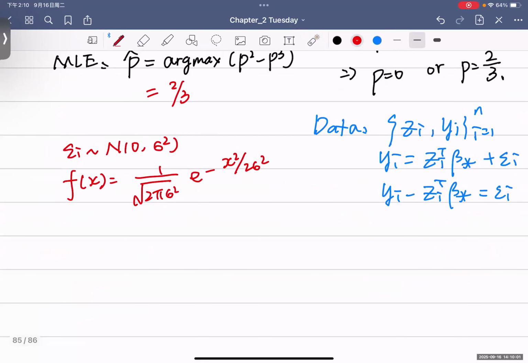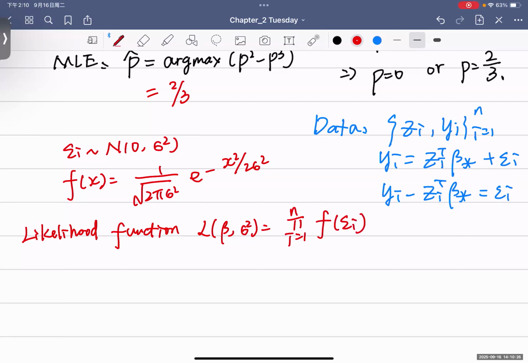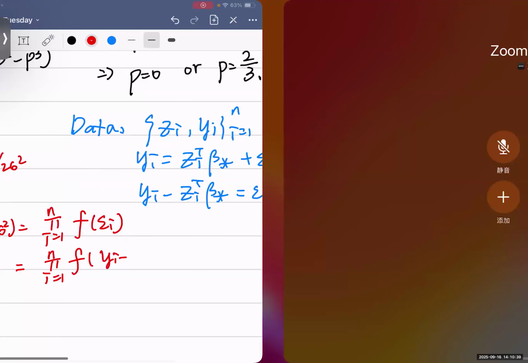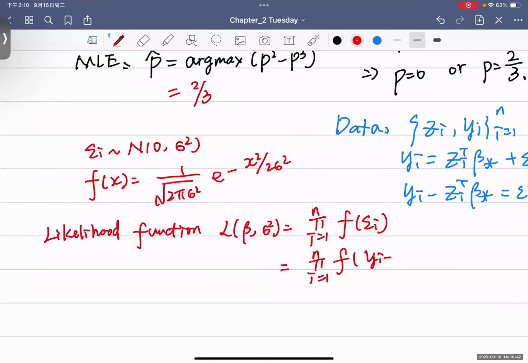So therefore, at this moment, our likelihood function, usually we use L of beta. Actually, sigma is also an unknown, so I write both together here. It is a product of f epsilon i, and we can further write this as f of yi minus zi transpose beta.